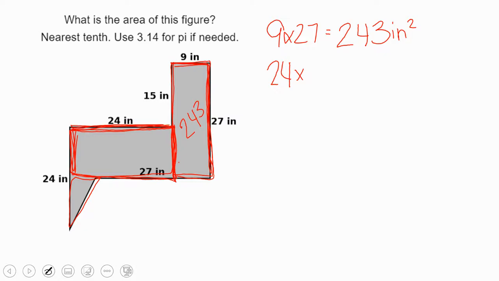Well, if I know that this whole length is 27 and this is 15, then this length has to be 12, because 12 and 15 is going to give you the full length of 27. Okay, so this rectangle is 24 by 12. When you put that in your calculator, you're going to get 288 inches squared.